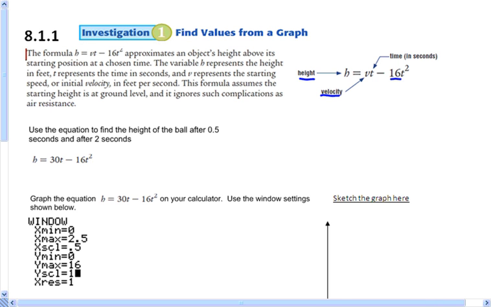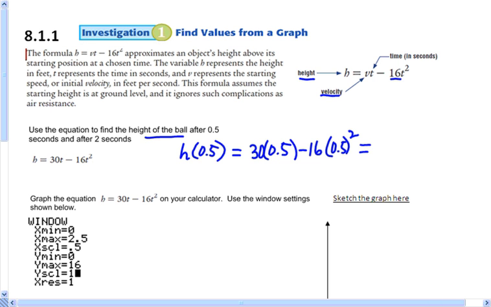I'm going to skip right to an example, and we're going to do most of these in class. Let me quickly show you this example here. It says use this equation to find the height of the ball after 0.5 seconds and after 2 seconds. If we were doing this by hand, the height after 0.5 seconds, h of 0.5, is going to equal 30 times 0.5 minus 16 times 0.5 squared.